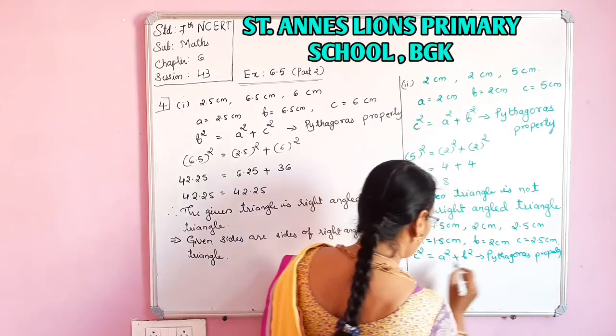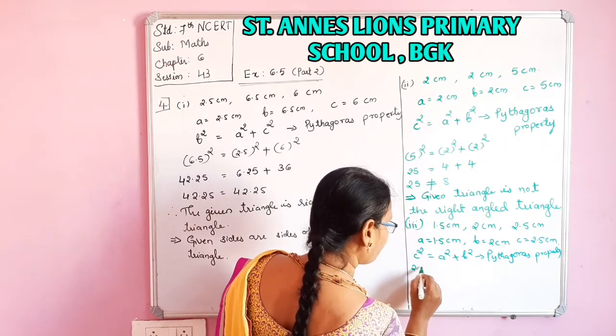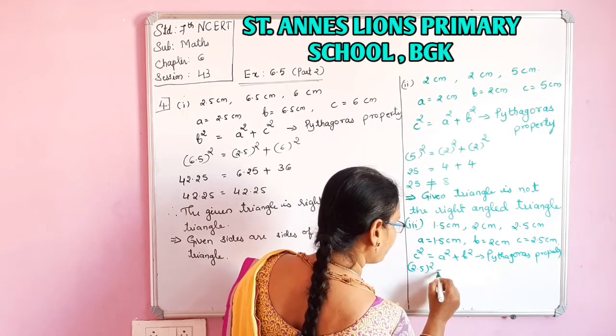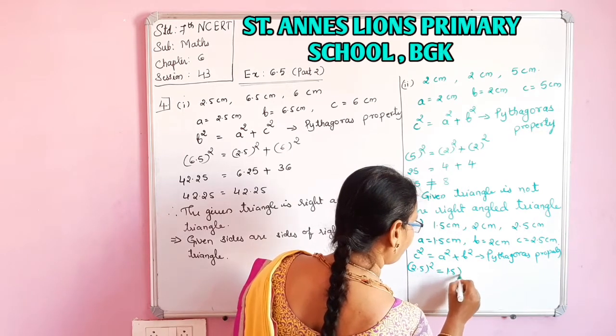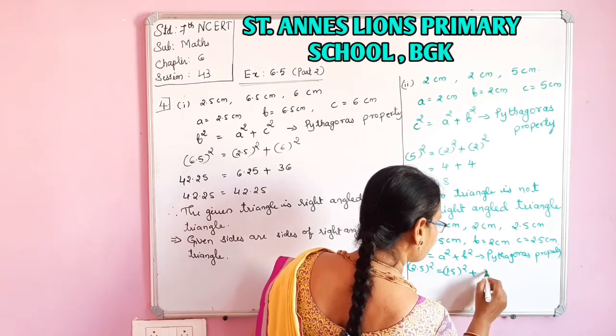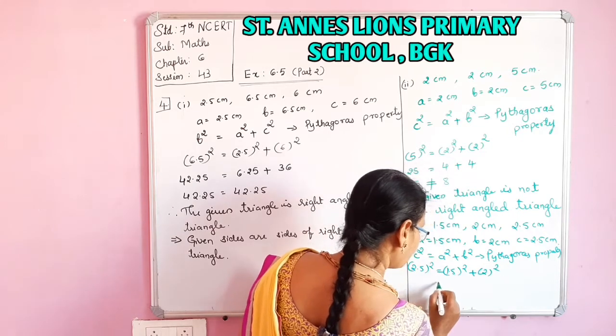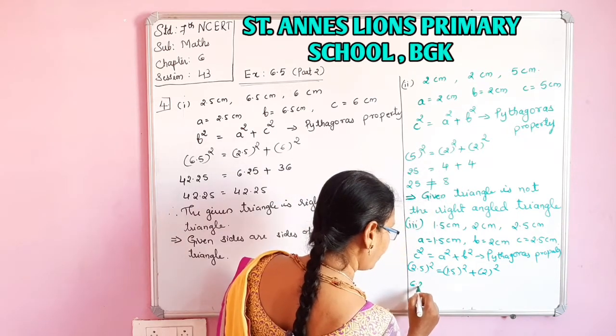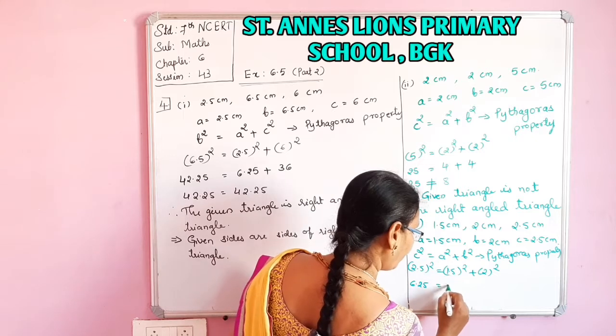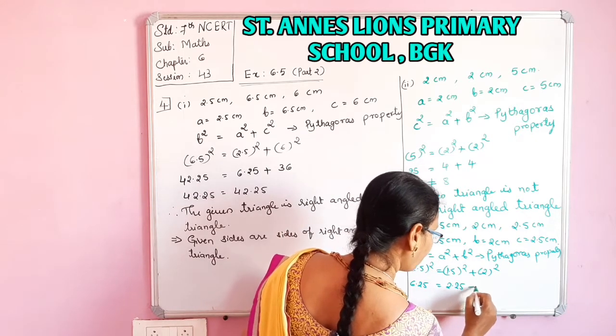Now C square means what? 2.5 whole square is equal to A square, that is 1.5 whole square, plus 2 square. 2.5 squared is 6.25, equal to 1.5 squared, which is 2.25, plus 4.